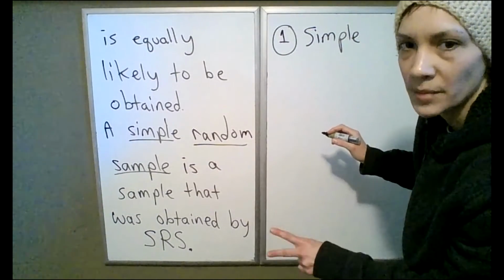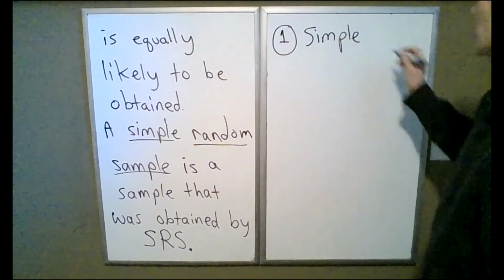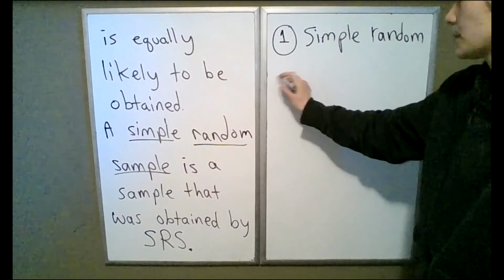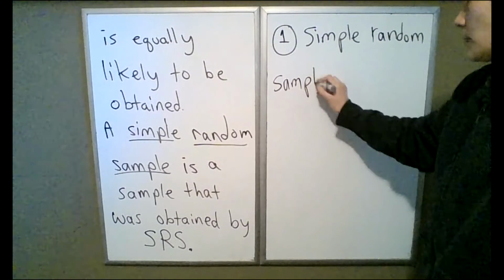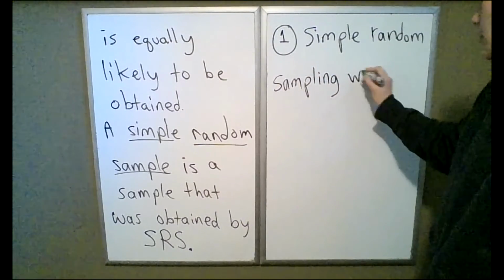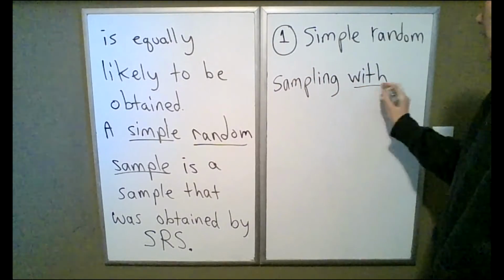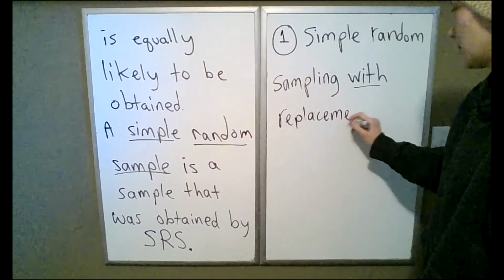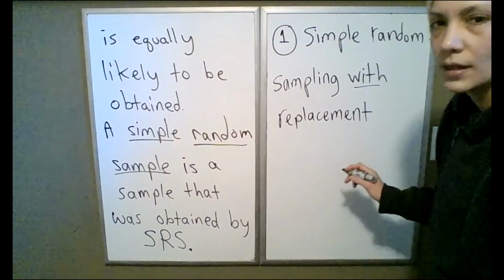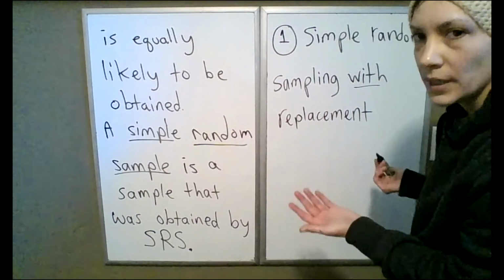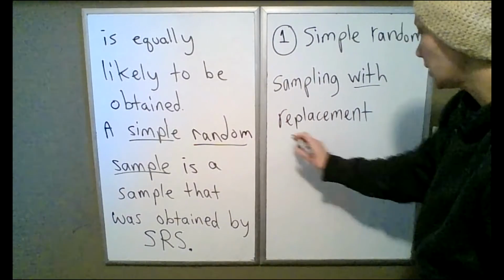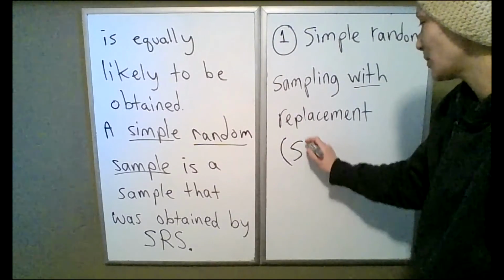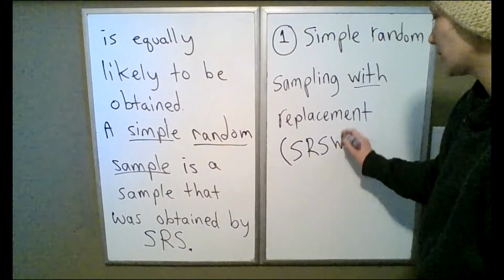There's two types of simple random sampling. First type, I would probably just write the whole thing out, but there is an acronym in the book. It's SRSWR. Simple random sampling with replacement.